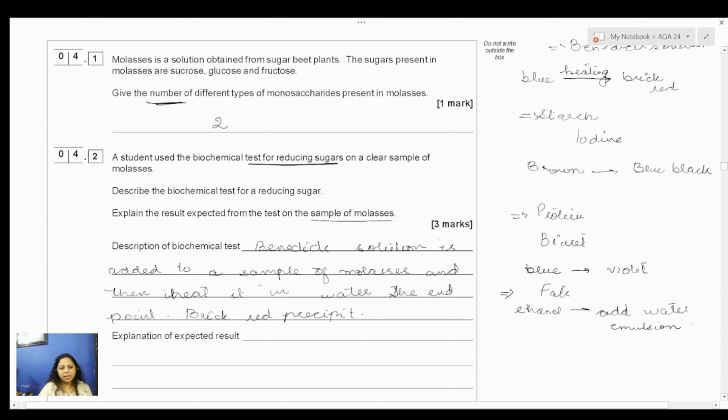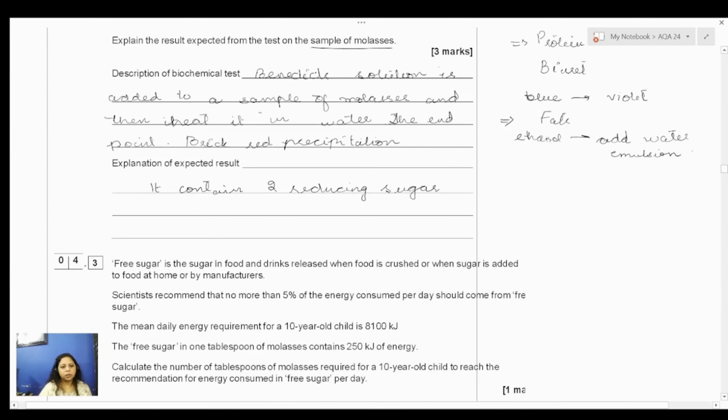Now, what is the explanation of the expected result? The explanation is quite simple because it contains what? It contains two reducing sugars. What are those? Good. Glucose and fructose. We say that monosaccharides are reducing sugars.